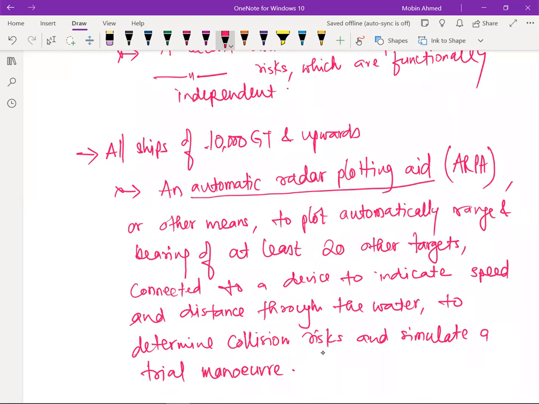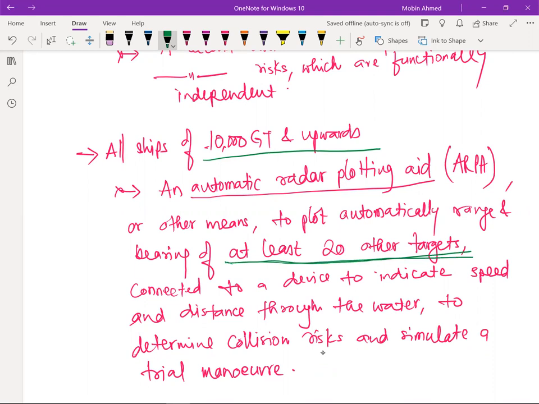Okay. Now here the word that comes is ARPA. The ARPA requirement applies only to ships of more than 10,000 GT and upwards. The ARPA is supposed to be independent for both radars. It has to be independent. Here it is saying it is supposed to plot automatically the range and bearing of at least, that is the minimum, 20 targets.